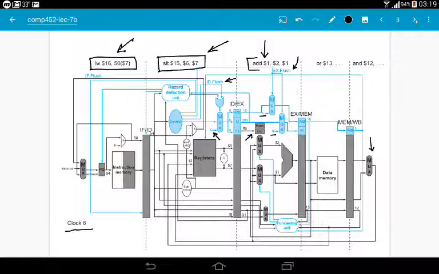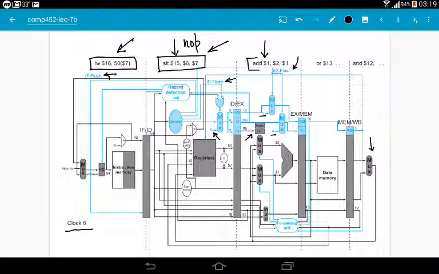Okay, so SLT will be turned into a no-op bubble. Okay, and then we also assert this ID flush signal.